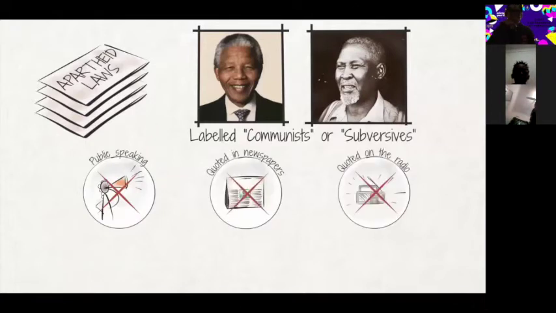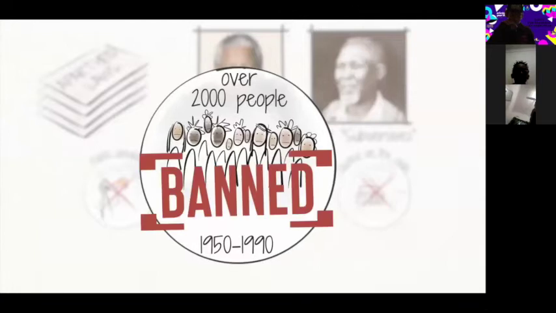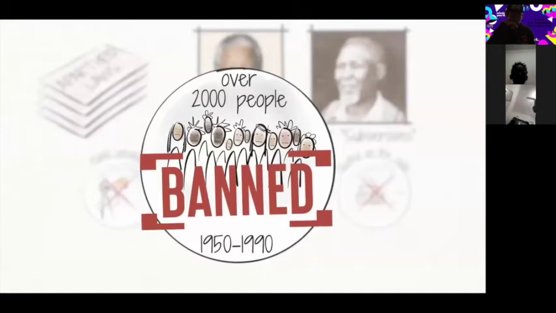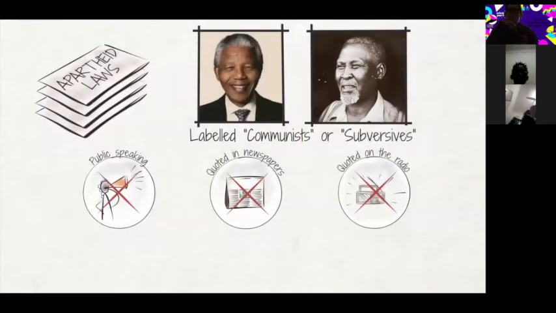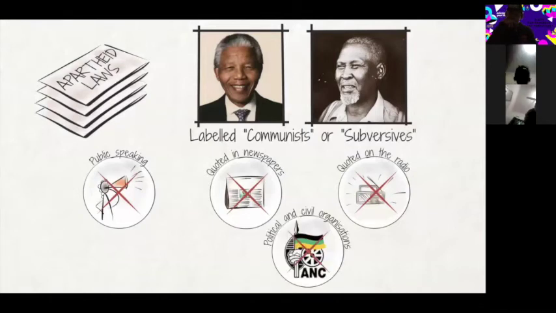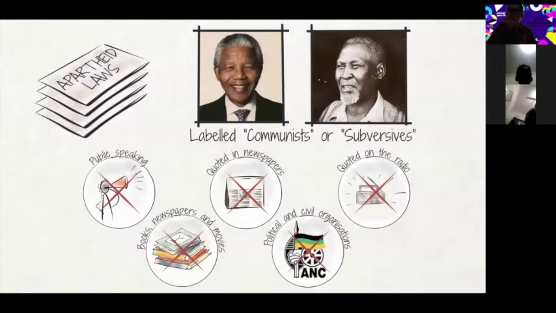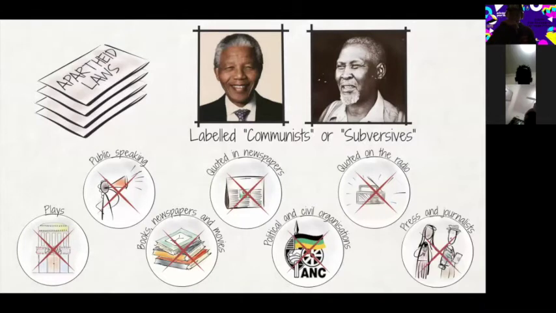From 1950 to 1990, over 2,000 people who opposed the policy of apartheid were banned. Many political and civil organizations, like the ANC, were banned, and thousands of books, newspapers, movies, and plays were prohibited or censored. The press and journalists were tightly controlled and forced to self-censor.